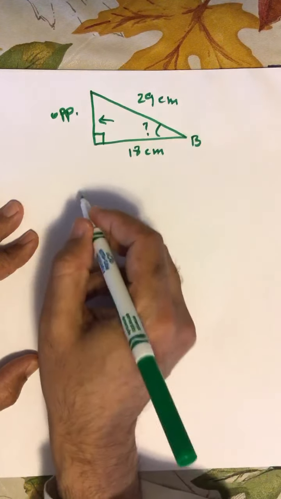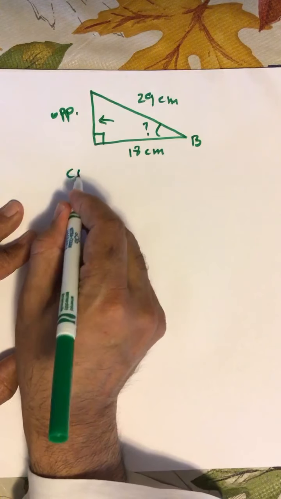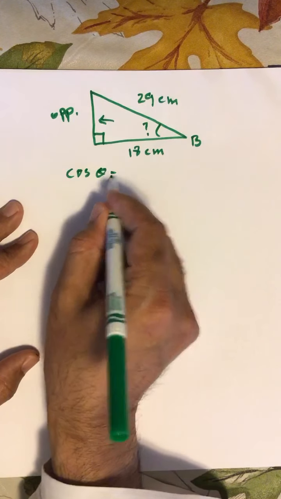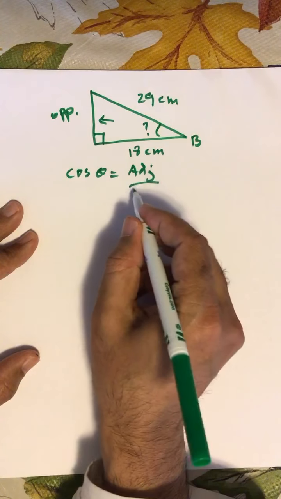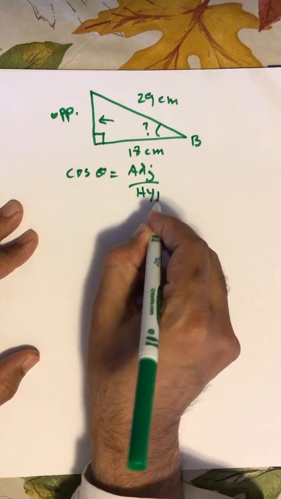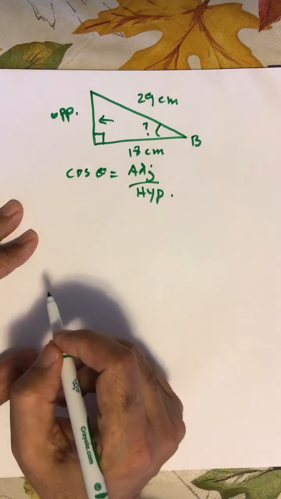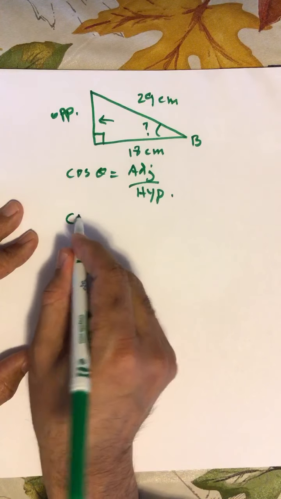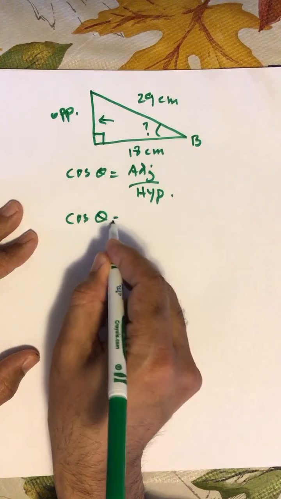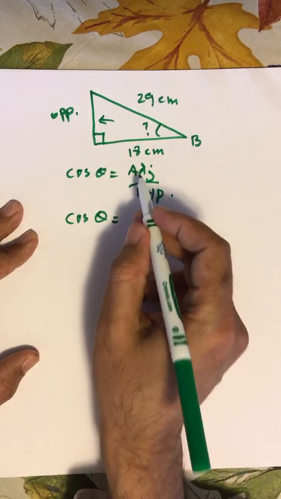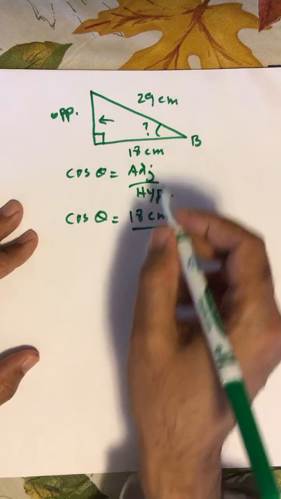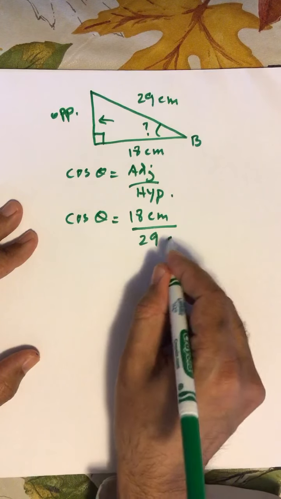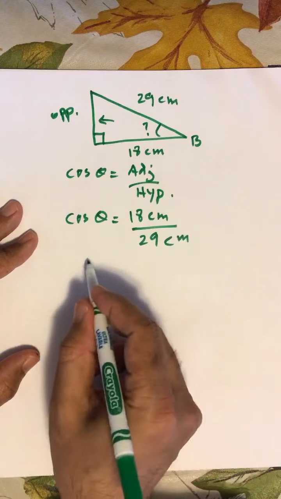Again, we'll write down the formula, which is cosine theta equals adjacent over hypotenuse. We don't have theta, so we'll write it as angle B. Adjacent is 18 centimeters, and I'm going to divide by the hypotenuse, which is 29 centimeters.